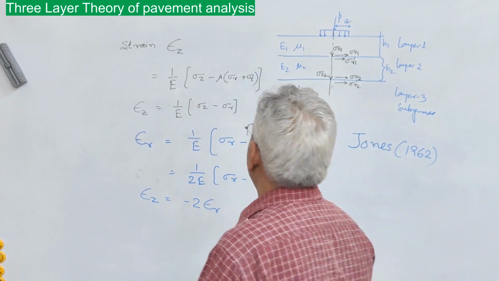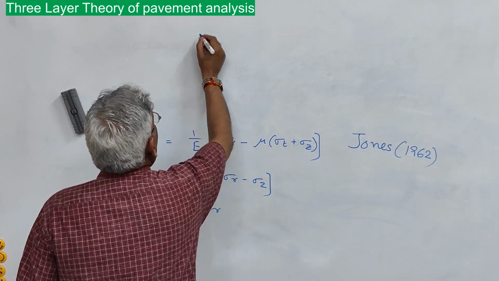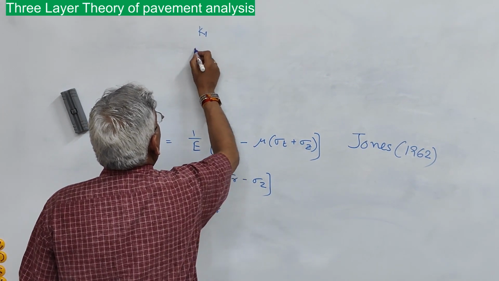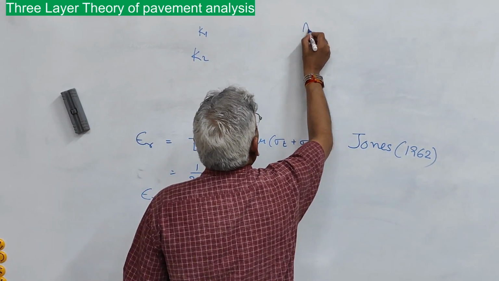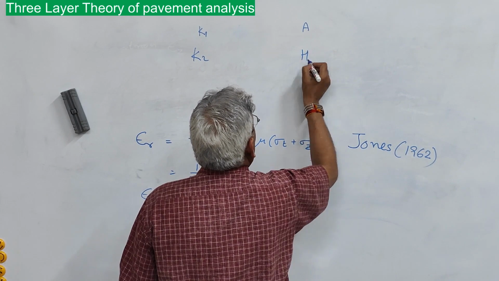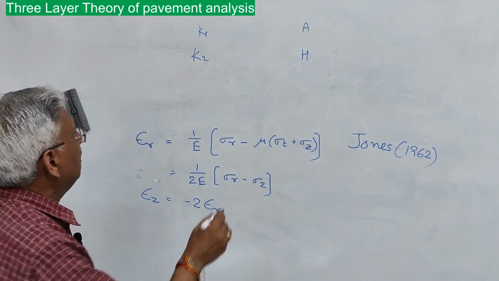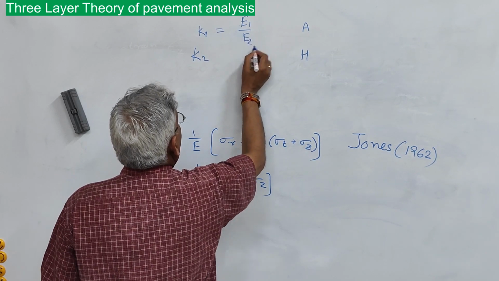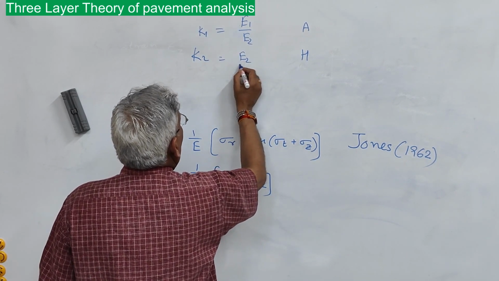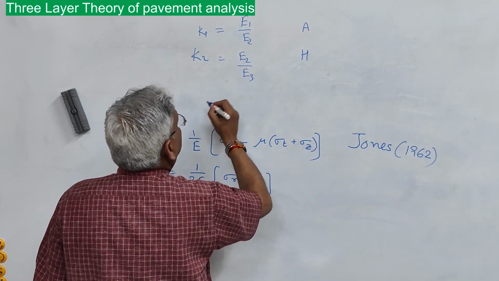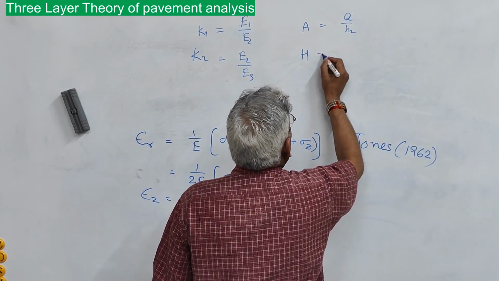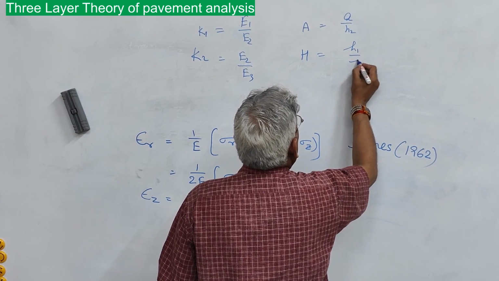And these parameters are K1, K2, A and H. Now K1 is E1 upon E2, K2 is E2 upon E3, A is a upon H2 and H is H1 upon H2.